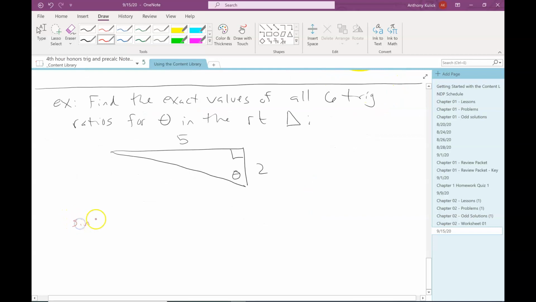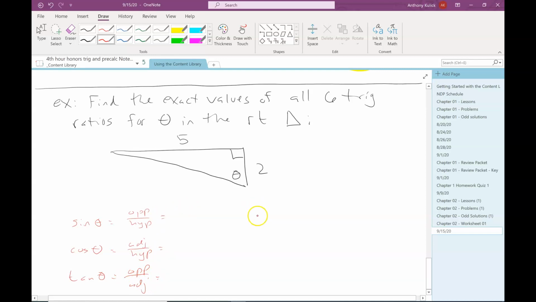So those 6 ratios, we're going to have sine, cosine, and tangent. Sine was opposite over hypotenuse. Cosine was adjacent over hypotenuse. Tangent, opposite over adjacent.